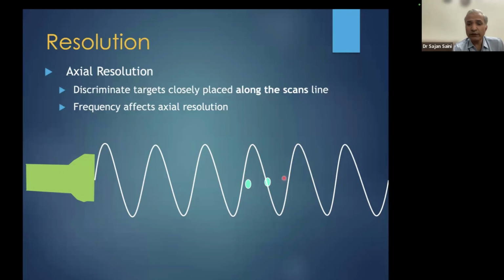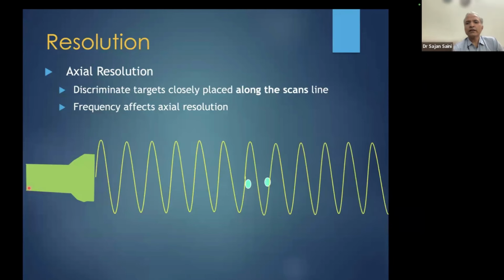So once this wave hits this target and comes back, and again hits this target and comes back, practically the transducer understands that it is the same wave which is hitting, and it takes both these objects as a single object. It will not discriminate between both these objects.